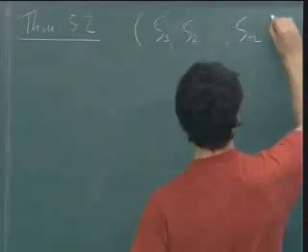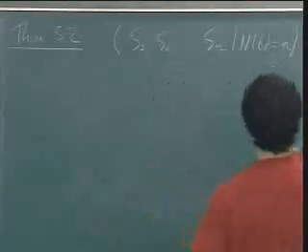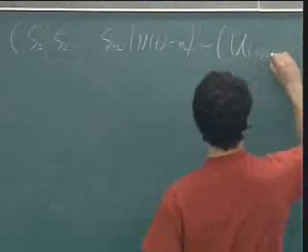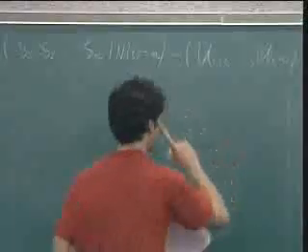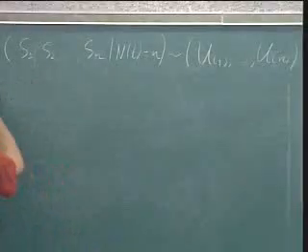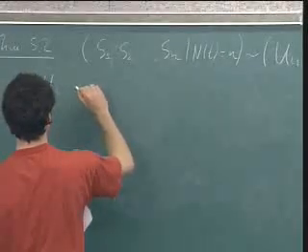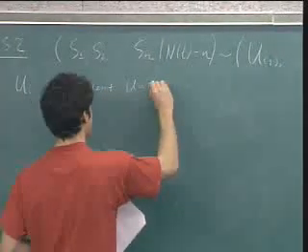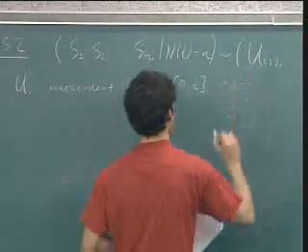So in other words, this means that the joint distribution of the n arrival times up to time t will be distributed as the joint distribution of the order statistics of n independent uniform random variables on 0 to t.